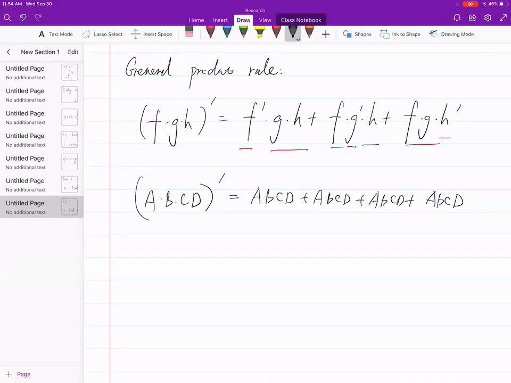So I take the derivative of A, then derivative of B, then C, and then D. So if you have n factors, you should have n terms. And every single factor takes turns to have a derivative, keeping the rest the same. Okay, that's the general product rule. I think that's it. That's all for today.